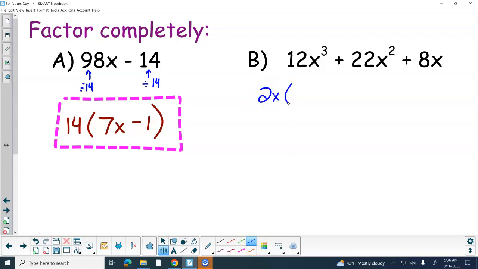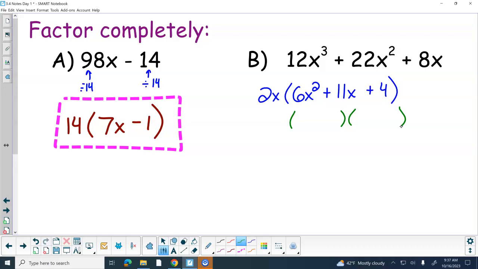What's left over? 6x squared plus 11x plus 4. Now I've got to look at just that, and I have to determine if that is factorable or not.